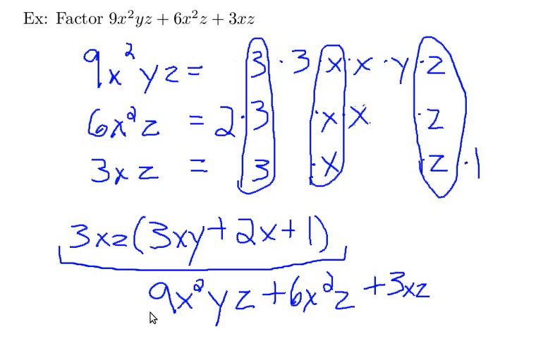So this turns out to be the same thing as 9x squared yz plus 6x squared z plus 3xz.